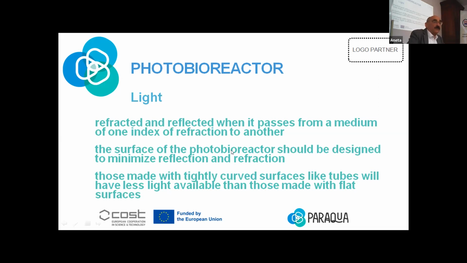It's usually best if you build it from flat surfaces, rather than a curved surface where light reflects at different angles.